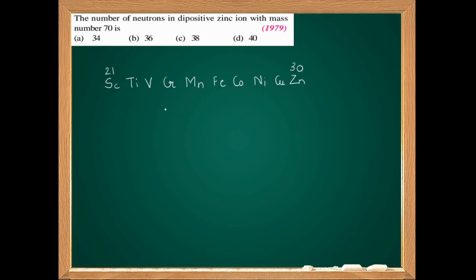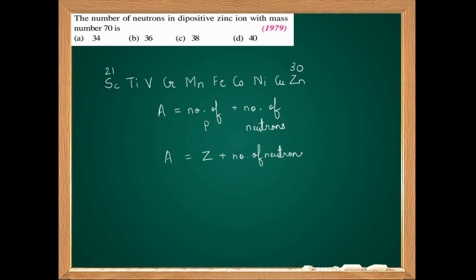Now, we know that the atomic mass number, which is denoted by A, is equal to the number of protons plus the number of neutrons. Okay, so the number of protons is equal to the atomic number. So atomic mass number is equal to Z plus the number of neutrons.